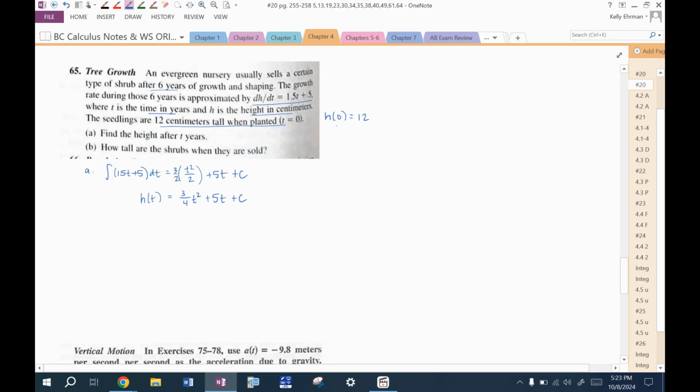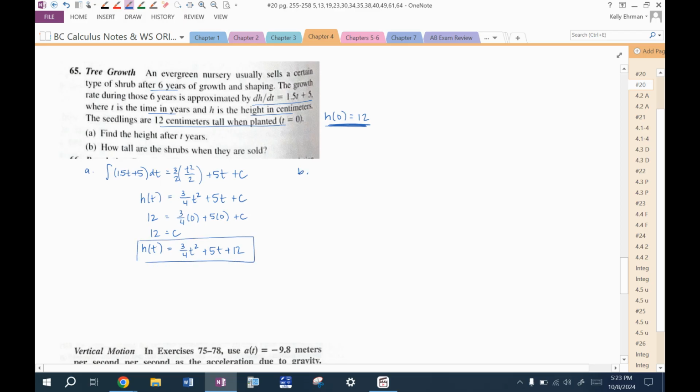And then we want to use the fact that H of 0 is 12. So I can put in a height of 12 and sub in 0 for the values of t. So that tells me that c is 12. So find the height after t years: H of t is equal to 3/4 t squared plus 5t plus 12.